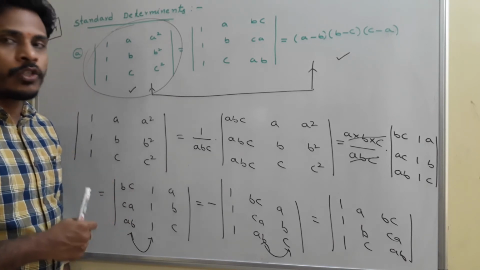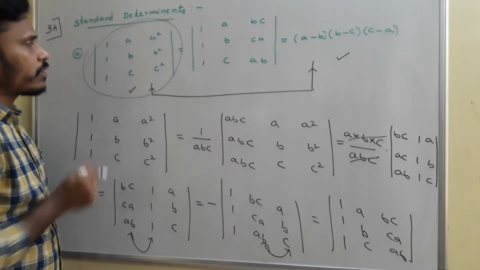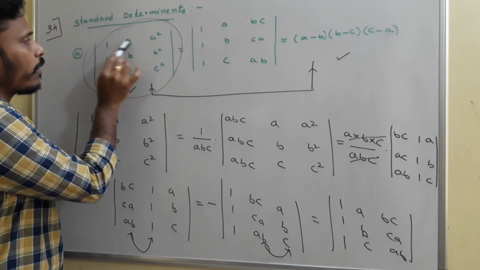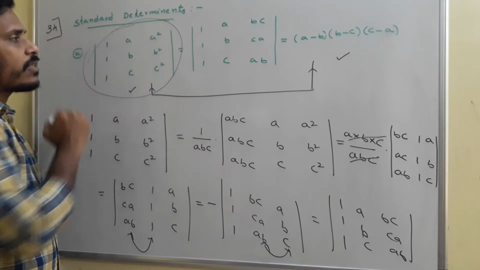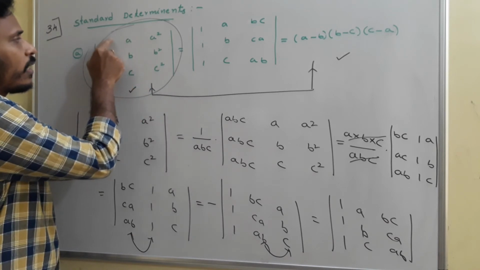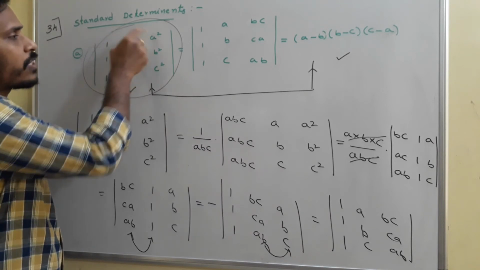And one more observation you need to make here. Just look at A square and 1. For instance, 1 into A square. If you observe the powers, what is the sum of the powers? Here the power is 2, here A power is 1, and here nothing is there, so you may take it as A power 0. So if you add the powers, it is 3.